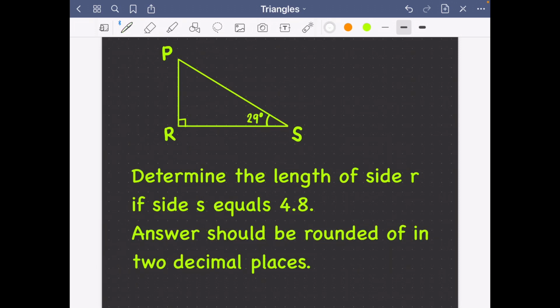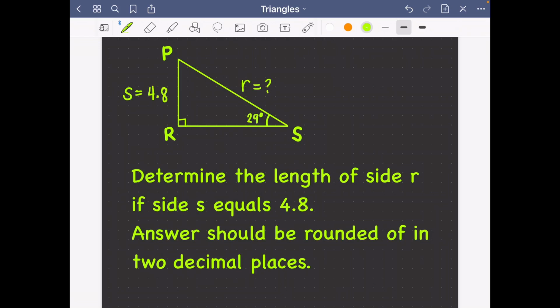This is the opposite of angle R. So this is my R, which is unknown. If side S equals 4.8, so this is angle S, its opposite is S. So side S is equal to 4.8.